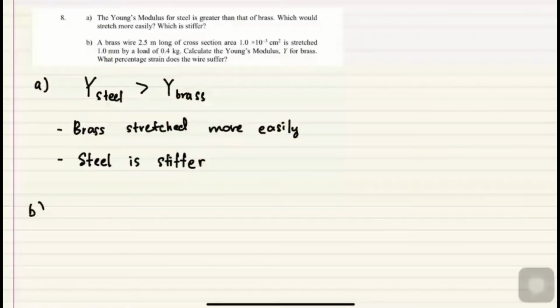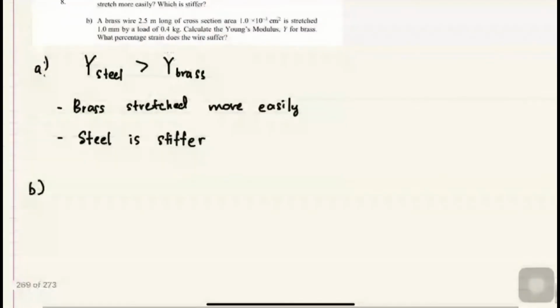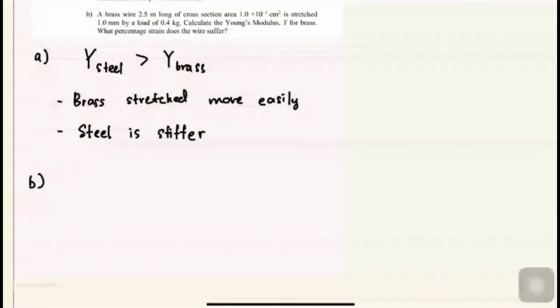Okay, question B. A brass wire 2.5 long. Cross-section area 1 times 10 negative 3 cm square is stretched 1 mm by a load of 0.4 kg. Calculate the Young modulus Y for brass. What percentage strain does this wire suffer? Okay, maybe kita try to draw a certain diagram lah.